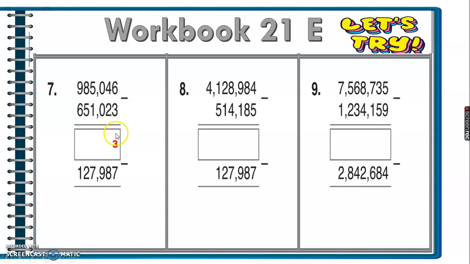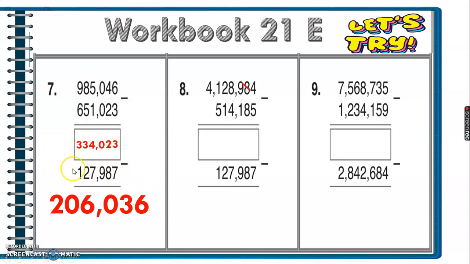So 3, 2, 0, 4, 3, and 3. So this is the first answer, and then 3 minus 7, therefore number 7. The answer is 206,036. So next, let's proceed to number 8.